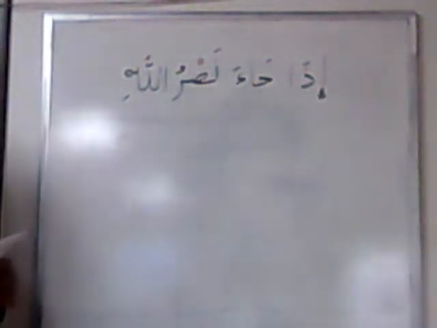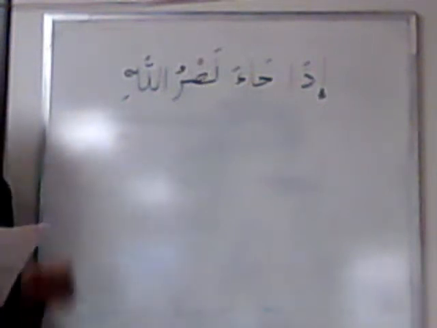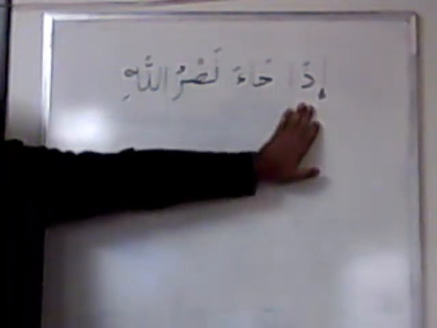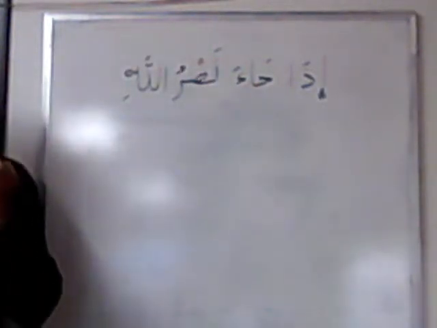Okay. So this is one of the chapters of the Quran, 110, and this is verse number 1, which says, when the help of Allah comes. Idha is a word in Arabic which means time, meaning when something happens or happened. Ja'a means coming, something which is coming to you.